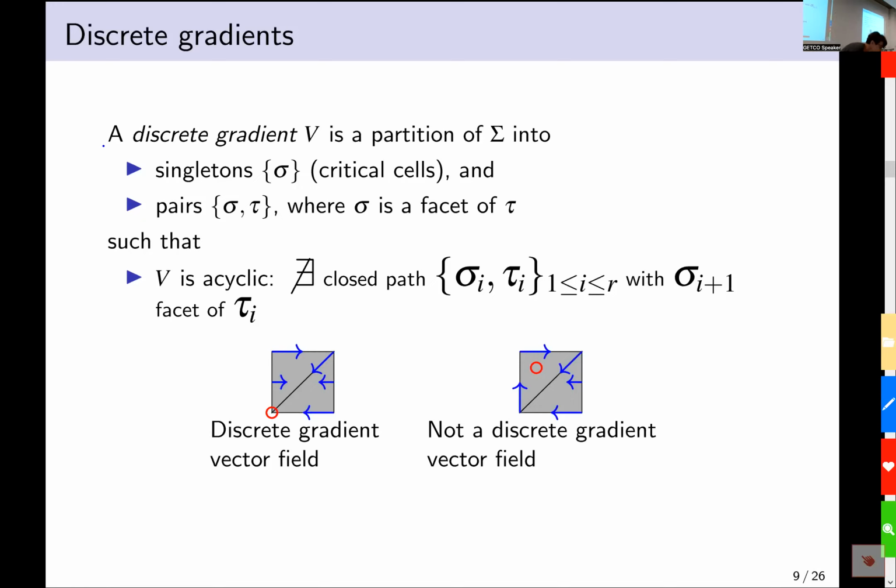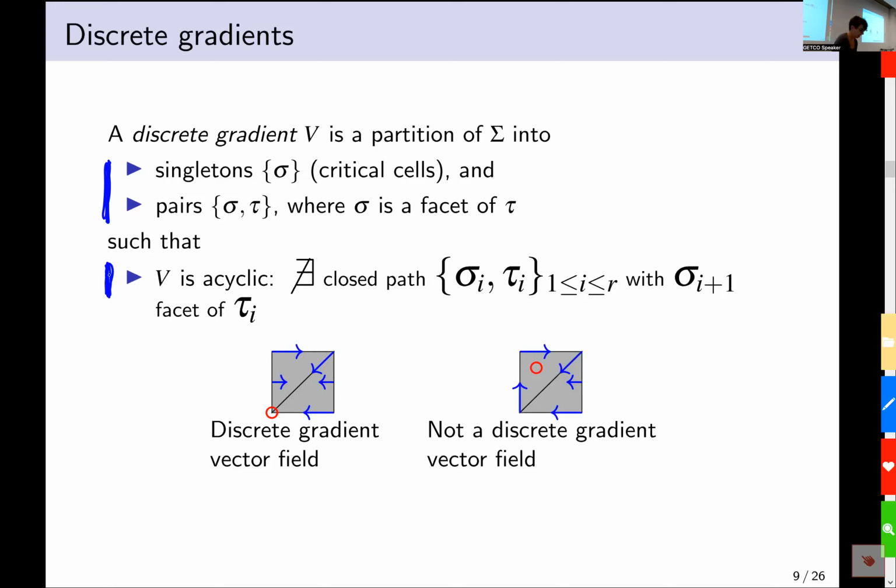And this gives us a discrete vector field that we can call a gradient if it is acyclic, so that if we follow the flow given by these vectors, that as usual are represented by arrows from sigma to tau, we can't form closed cycles.